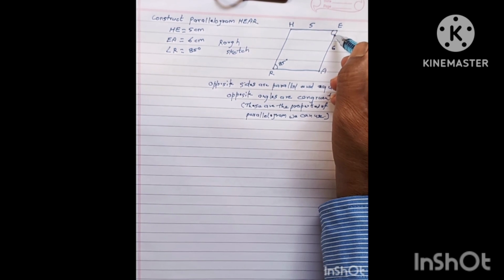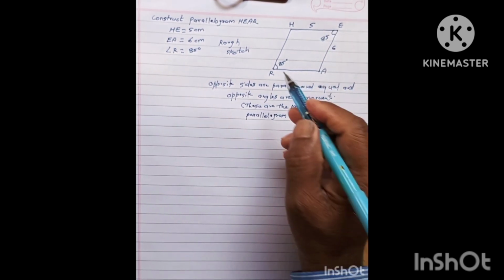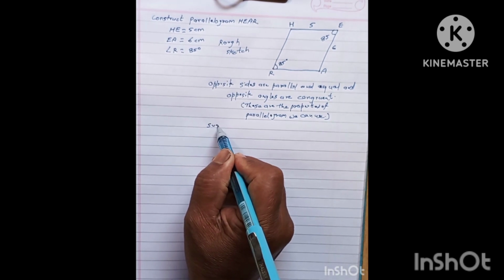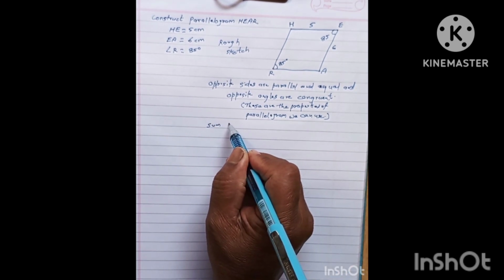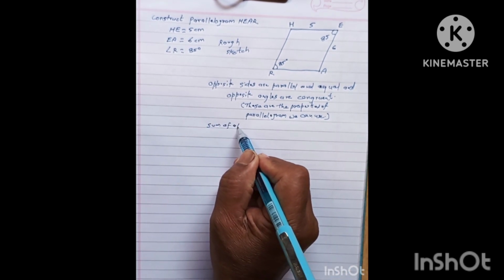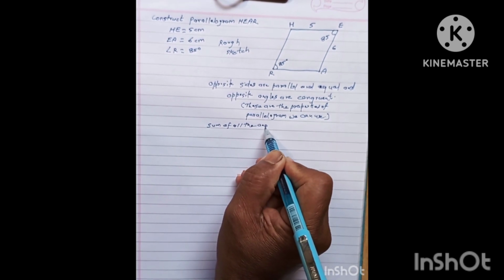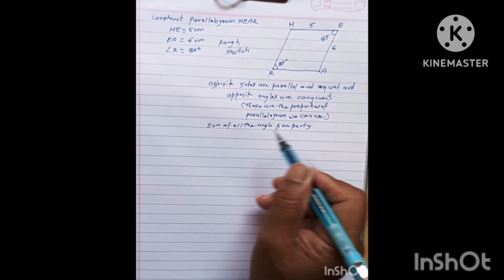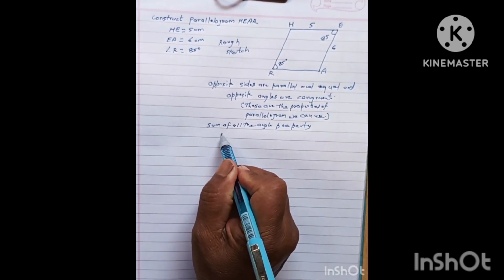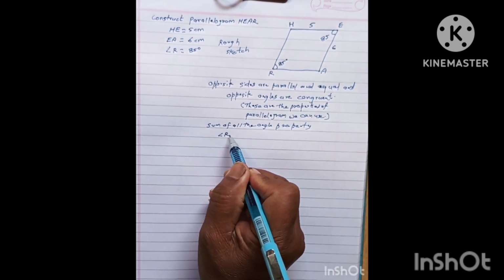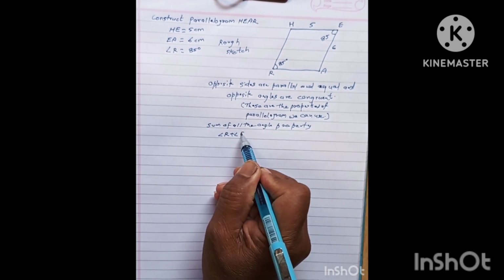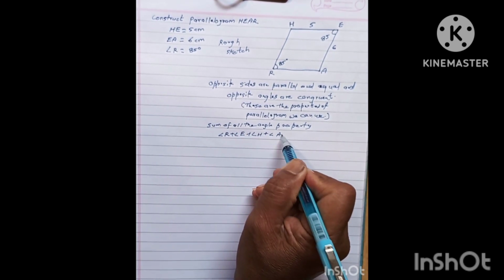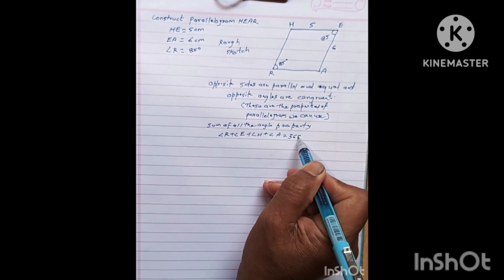So R is equal to E is equal to 85. And now another property is the sum of the interior angles of the parallelogram or any quadrilateral is 360, okay. So by this, angle R plus angle E plus angle H plus angle A is equal to 360.